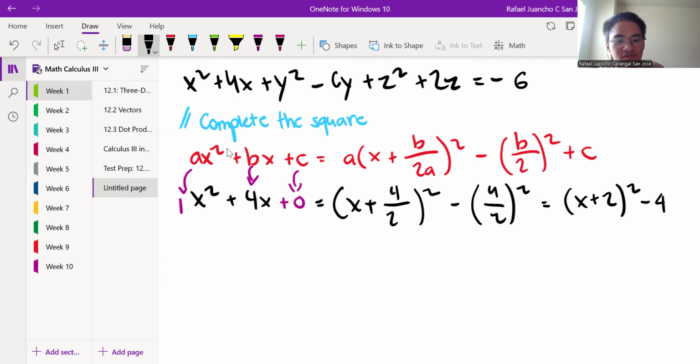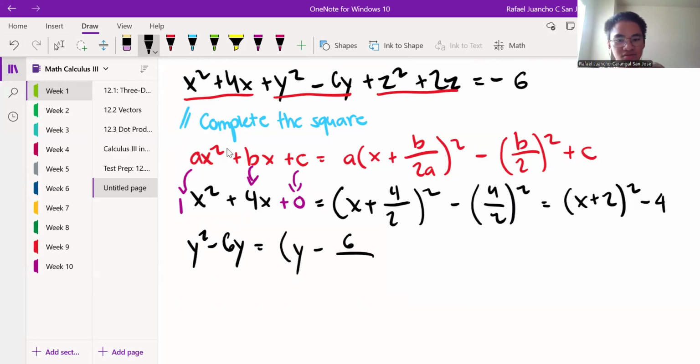And then we do the same thing for these. So we did this part. Now we're going to do this and then this. So we're going to do y squared minus 6y. Then we get y minus 6 over 2, y minus 3 squared minus 6 over 2 squared, minus 9.